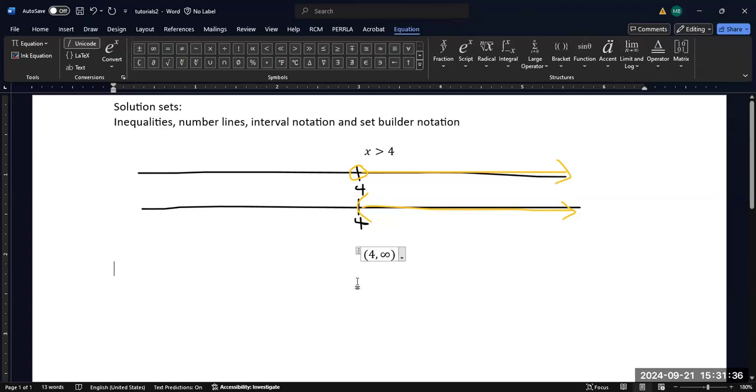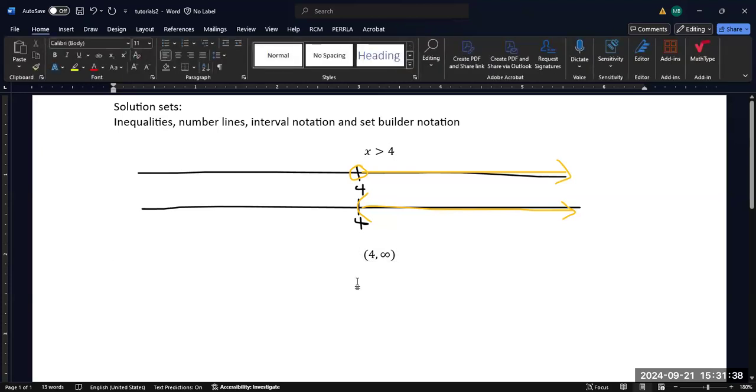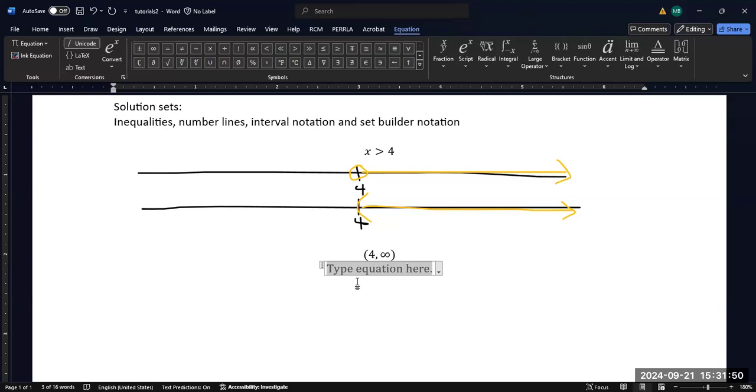Now, for the set builder notation, in some ways, the set builder notation for an inequality like this is actually simpler because all you have to do is stick the inequality in some extra notation. So you don't have to really evaluate it. The way that set notation works is that everything is enclosed inside of a curly bracket. And the brackets that you're using for these notations, square, parentheses, and curly, they matter for math.